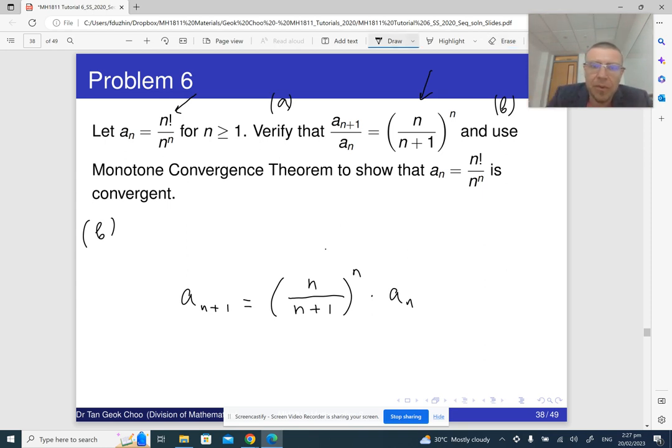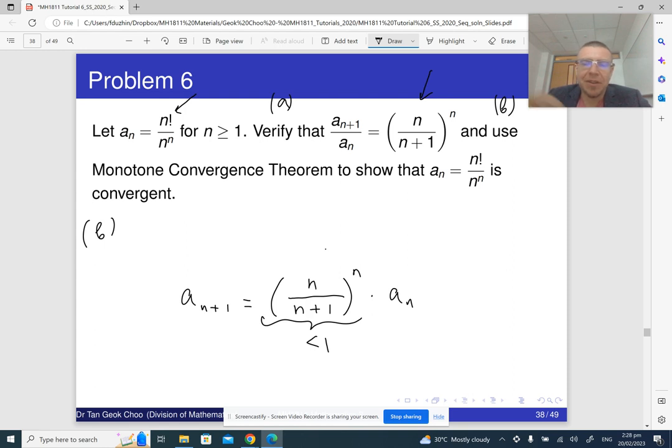Now this is clearly less than 1, right? n divided by n plus 1, so we have a number n, we're dividing it by something that is bigger, so we get something that is smaller than 1, and then we raise it to the power n, which means that we multiply n copies of a number that is smaller than 1, and the result is still smaller than 1, because every time we multiply by a number that is smaller than 1, what we get is something even smaller.